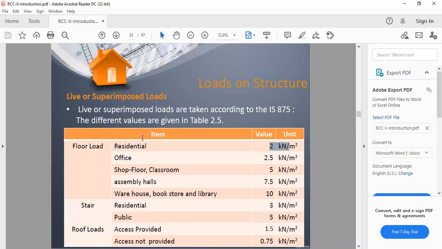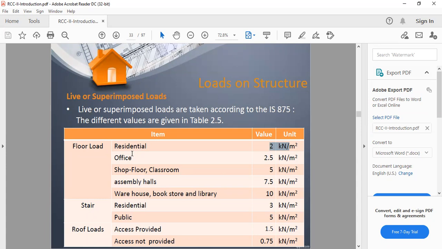Now, why is it so? In a residential building, normally there are people and the hall, dining, and equipment. But when we talk about offices, more load would be there.